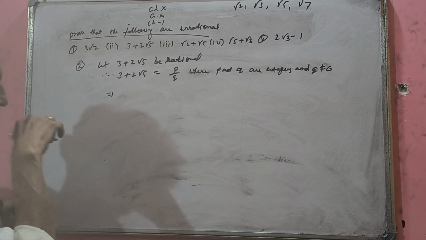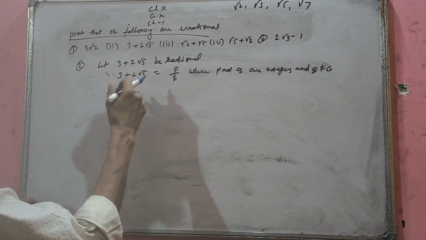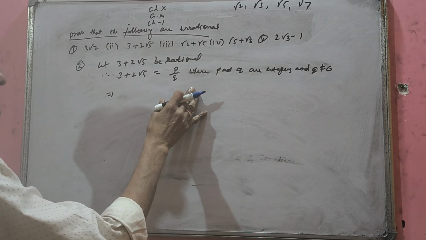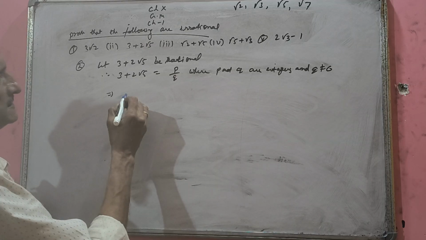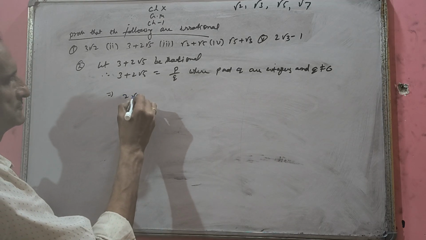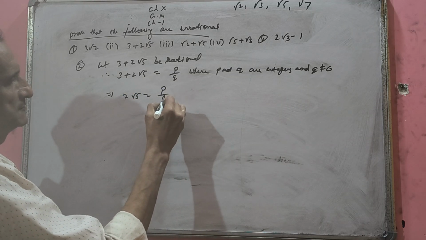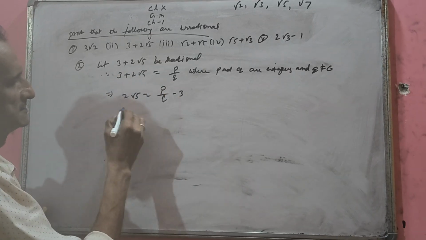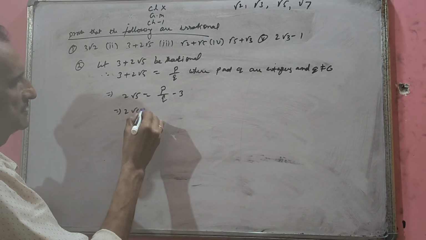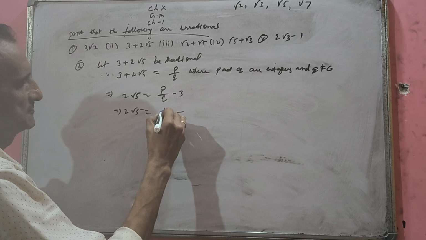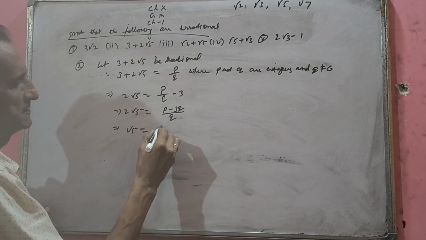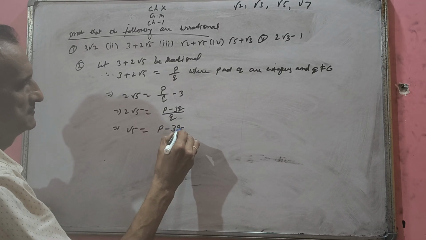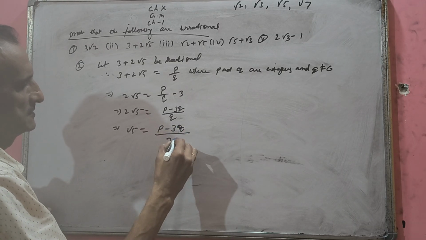Now, you have almost the same process. Everything will be transposed to the right side except the radical sign term. So 2 root 5 equals p by q minus 3. Then 2 root 5 equals, taking q as the LCM, p minus 3q by q. Then root 5 equals p minus 3q by twice q.